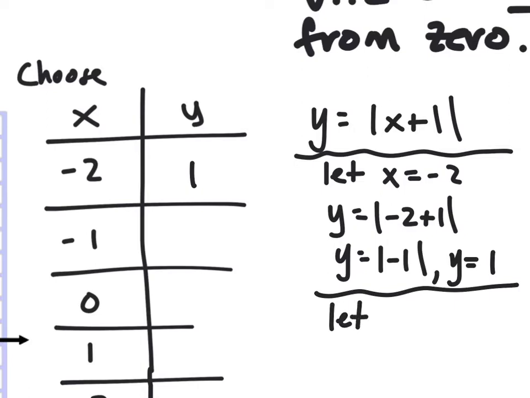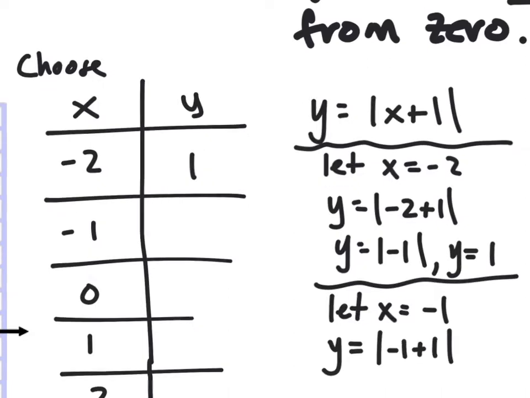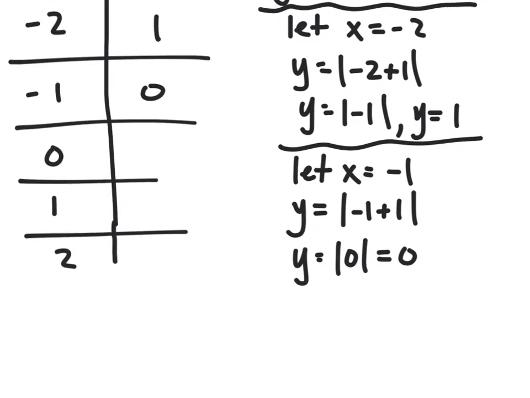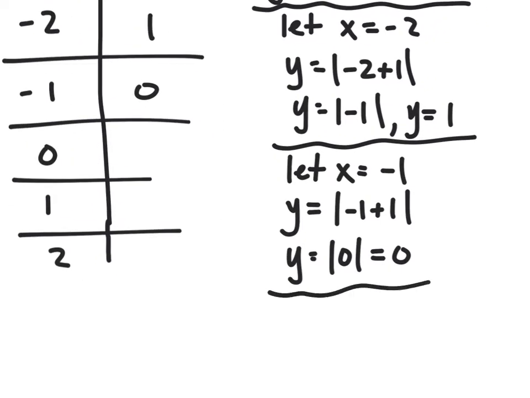Okay. All right, let's take a look at the next one. Let's let x equal negative 1. So I'm going to put y equals the absolute value of negative 1 plus 1. And that's going to give me y equals the absolute value of 0. So the distance from 0 to 0 is just 0, okay? That's the only value that will be a little bit different. All right, the next one, okay, we're going to let x equal 0.